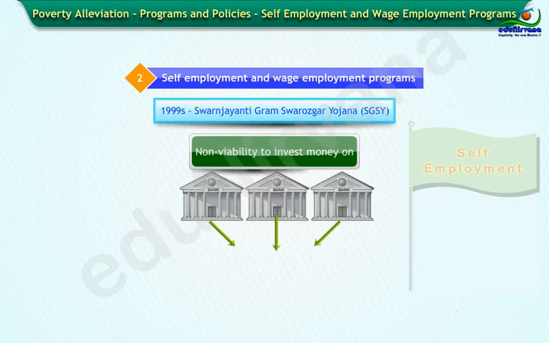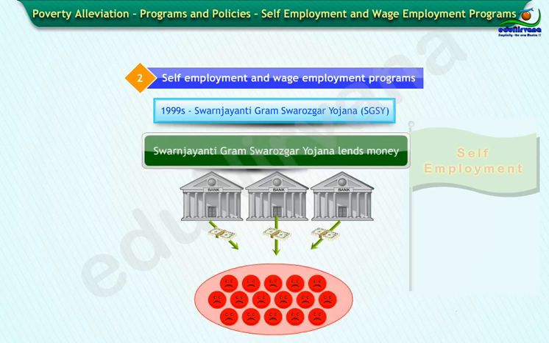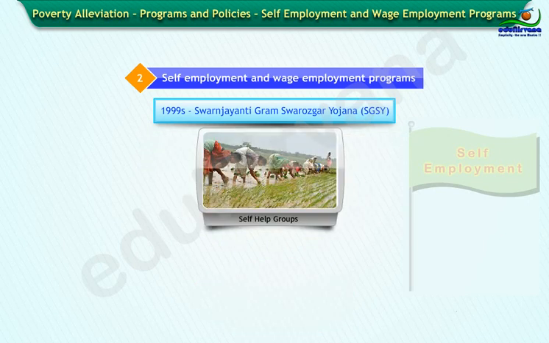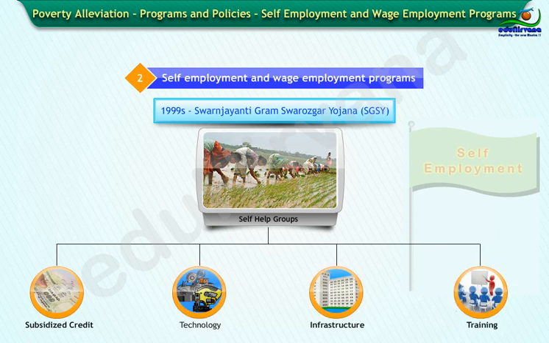Considering the non-viability of the enterprise of the poor individual and his or her poor creditworthiness, SGSY focused on groups to lend money and develop micro-enterprises. This scheme involves the organization of the poor into self-help groups or SHGs, who are provided with credit, technology, infrastructure and training.